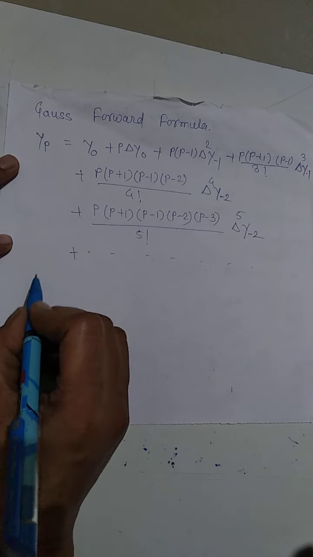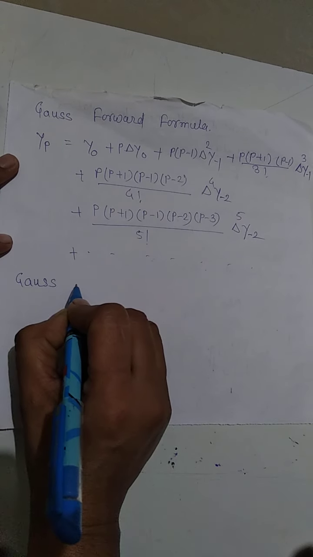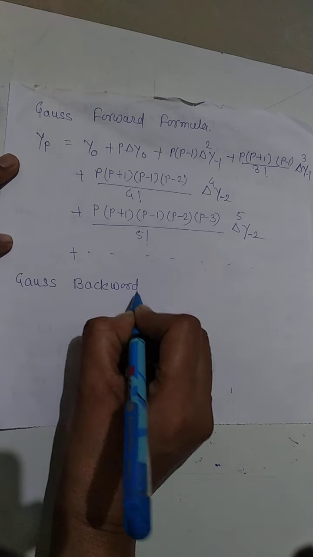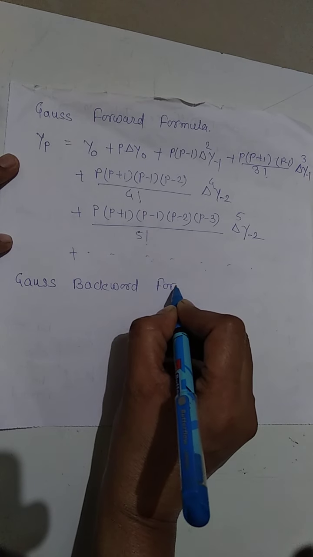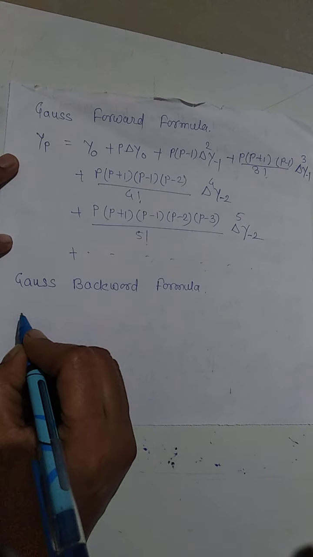Then write the Gauss backward formula. From the above table, we write this formula.